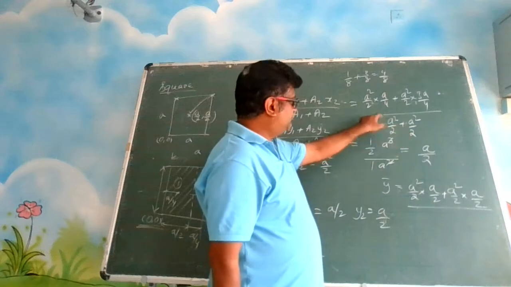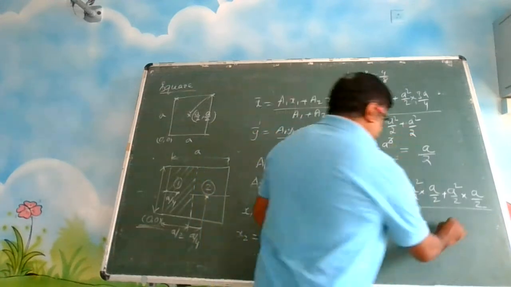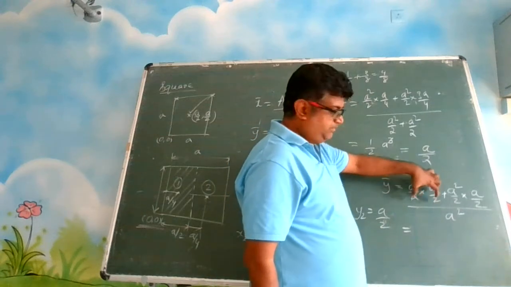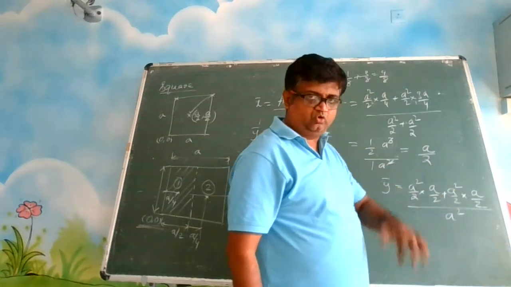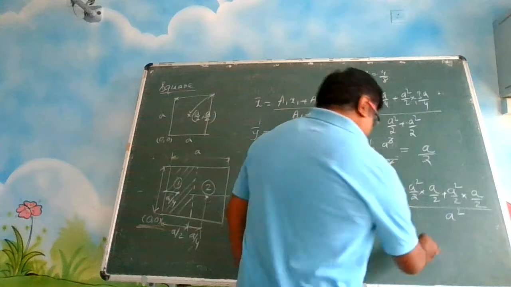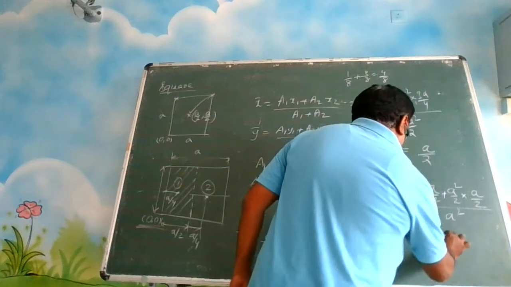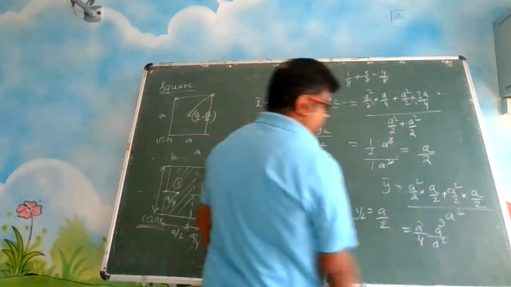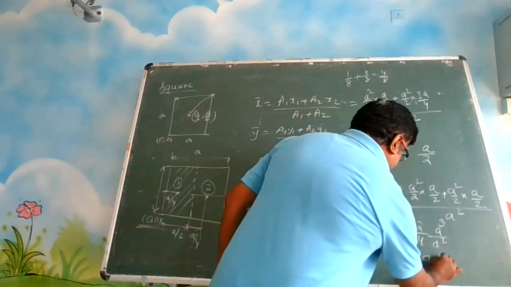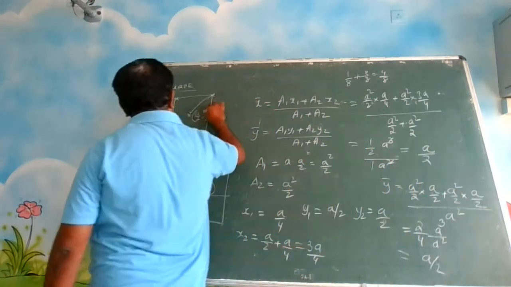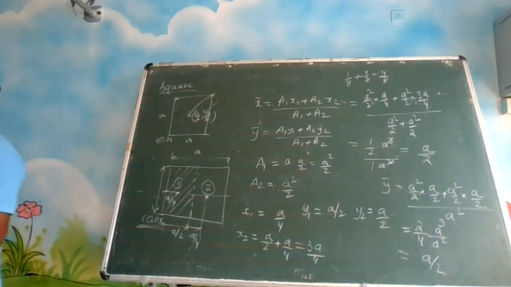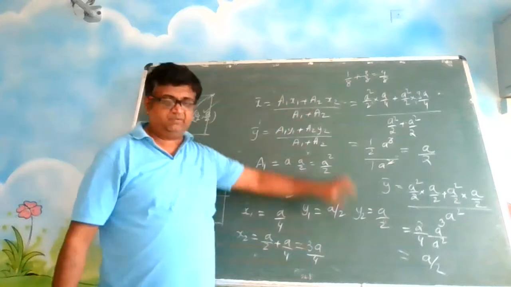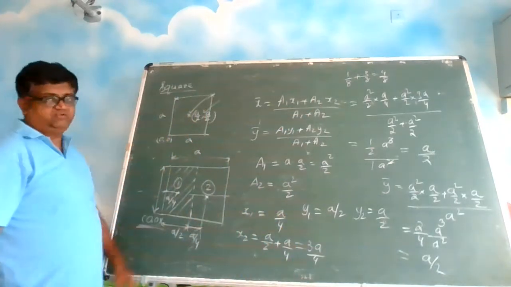A square you will get a square by 2 plus a square by 2 you will get a square. So this is 1 by 2 into 1 by 2 1 by 4 plus 1 by 4 2 by 4. 2 by 4 means 2 by 4 a cube a square into a cube divided by a square. How much you got? A by 2. Okay. So it is correct.